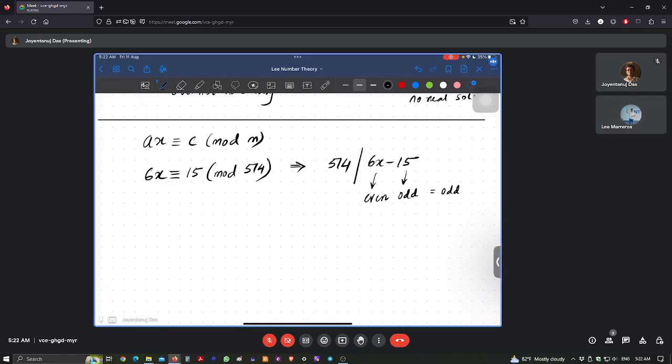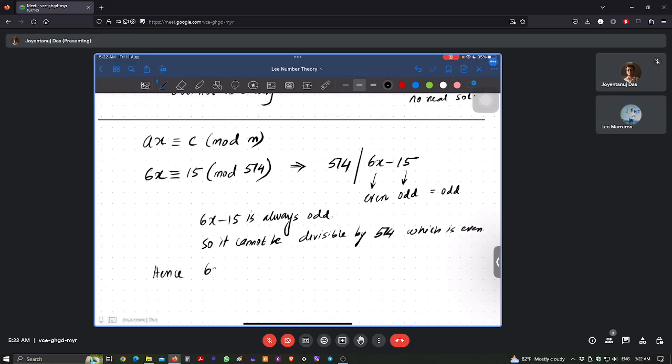So that's why this does not have any solution. 6x minus 15 is always an odd number, and an odd number cannot be divisible by an even number, which is even. So hence this does not have any solution.